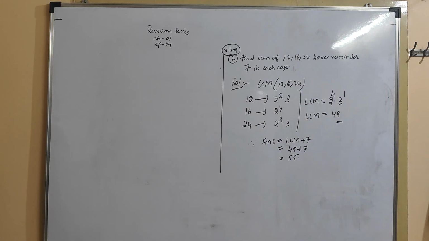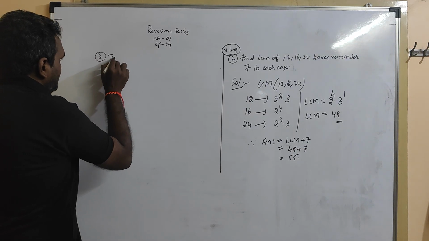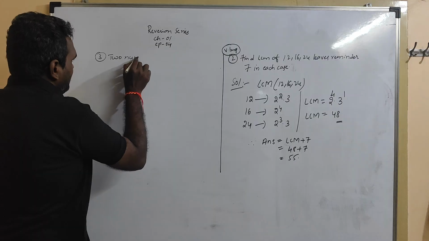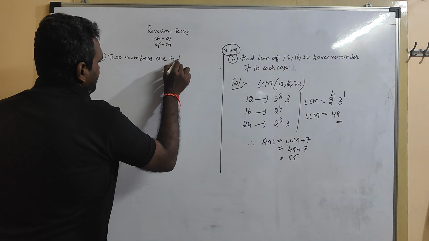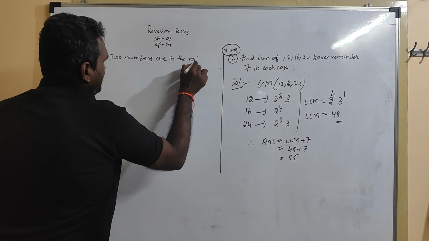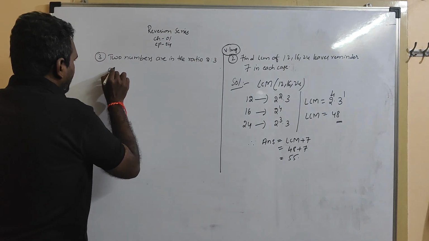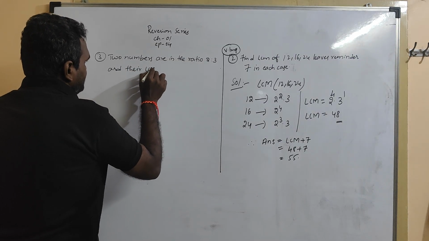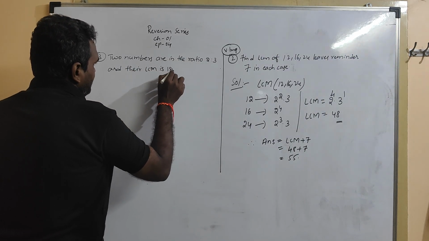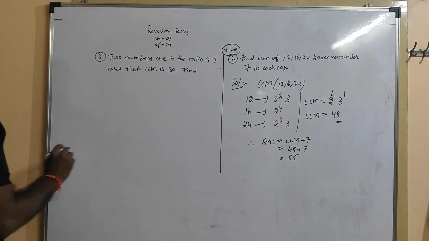2 numbers are in the ratio 2:3 and their LCM is 180. Find HCF. Third question. 2 numbers are in the ratio 2:3 and their LCM is 180.